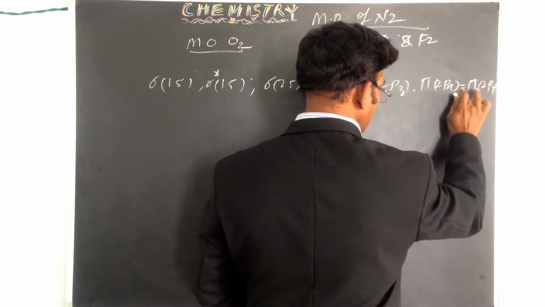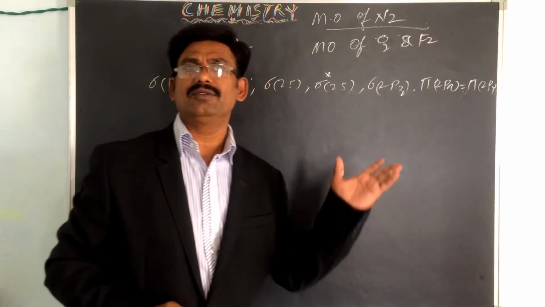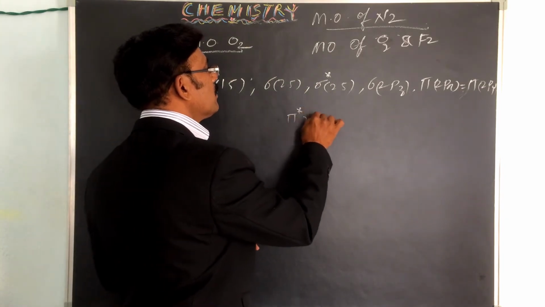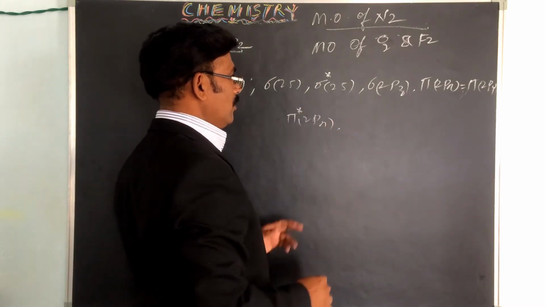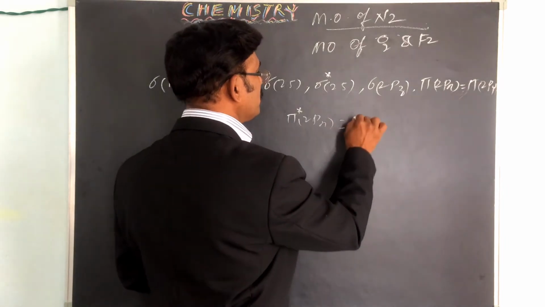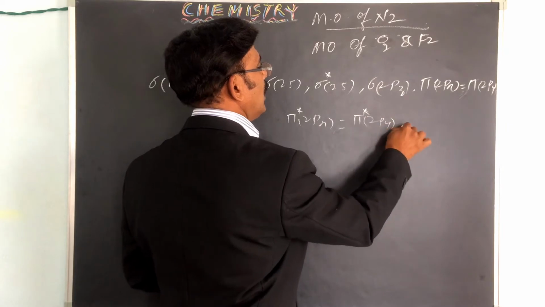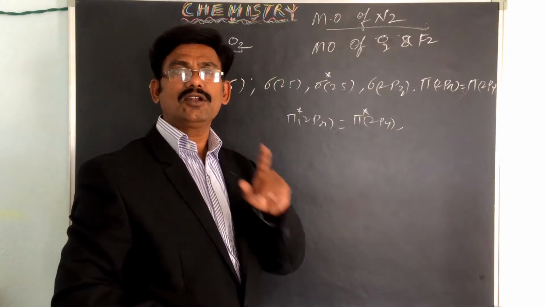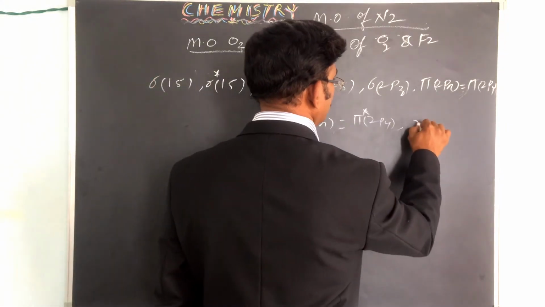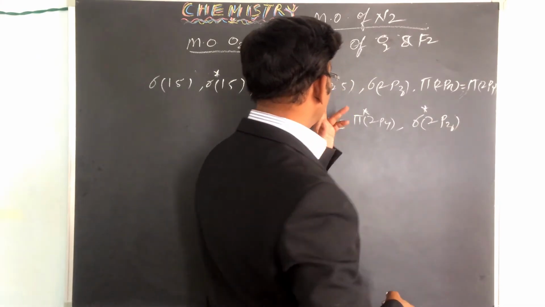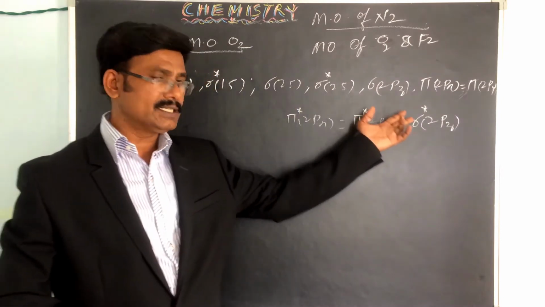These are equal energy. Pi 2px and pi 2py, and then pi star 2px, pi star 2py, and then sigma star 2pz.